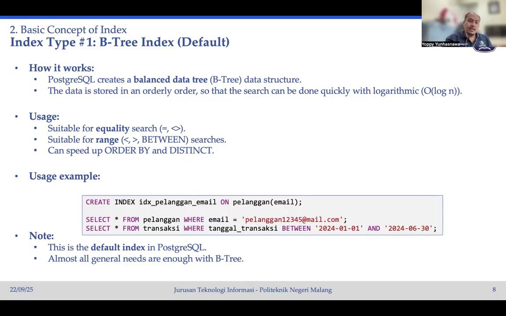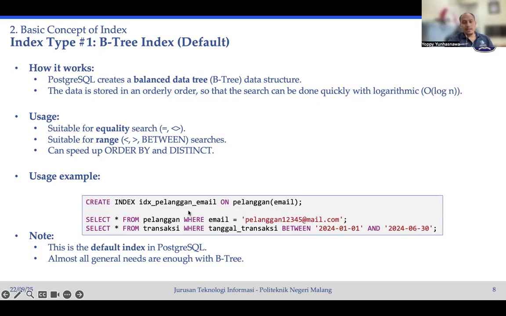So for example, here we are putting the index on the pelanggan table, and actually we also create an index on the tanggal transaksi column, or transaction date. I forgot to put the second index create statement.